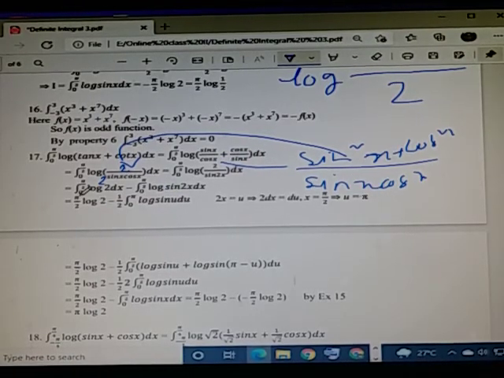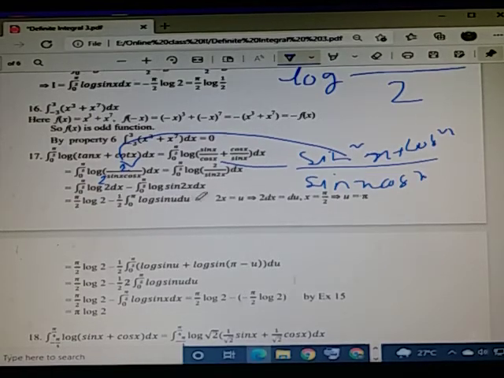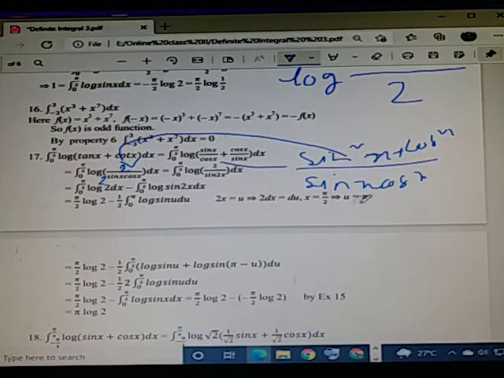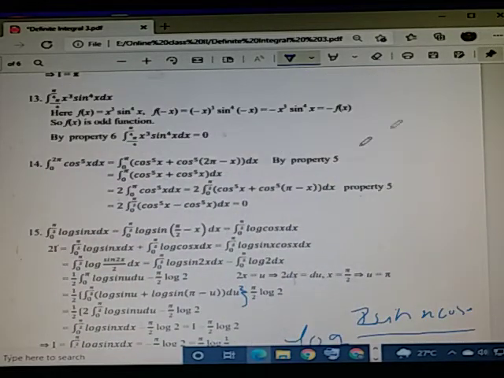Then we are having log 2 minus log of sin x, with the limit from 0 to pi by 2. And as with the previous problem we have done, we are substituting twice x is equal to u, then 2 dx is equal to du. Which problem did we do this substitution in?